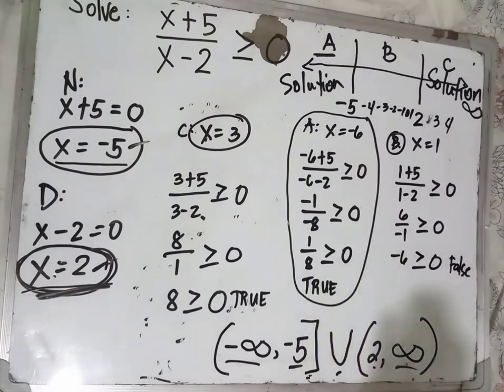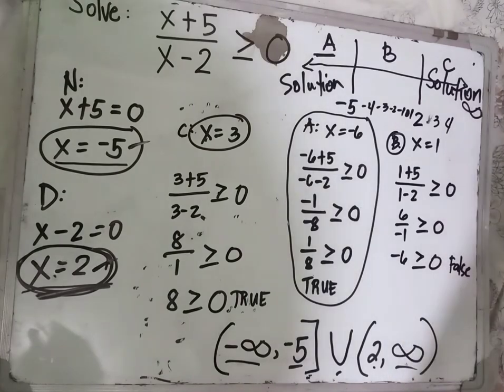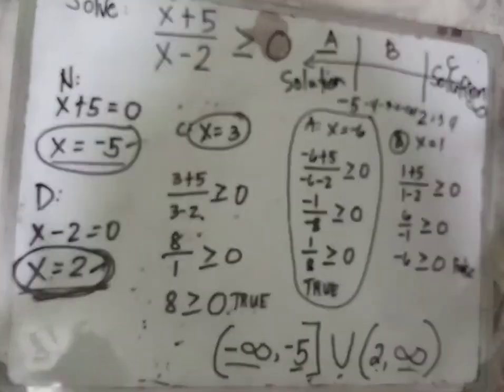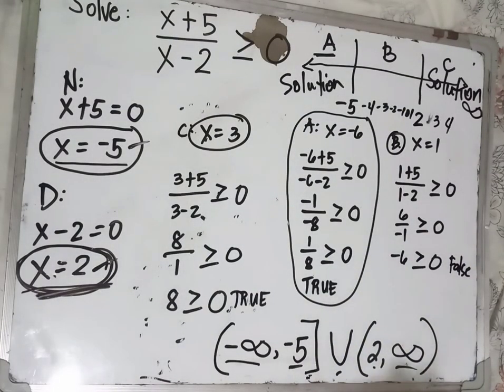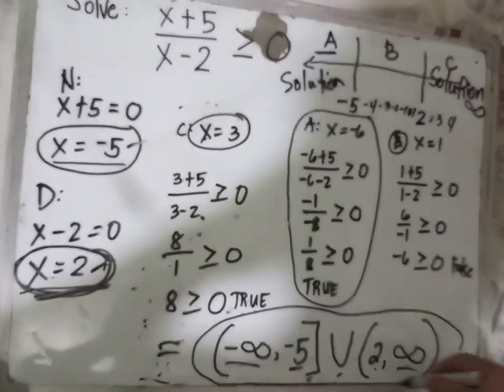Ang lagyan lang natin ng bracket is ang meaningful numbers na part of the solution, kagaya ng negative 5, kasi part siya ng solution. It makes the inequality true. Okay, so ito na yung final answer in interval notation.